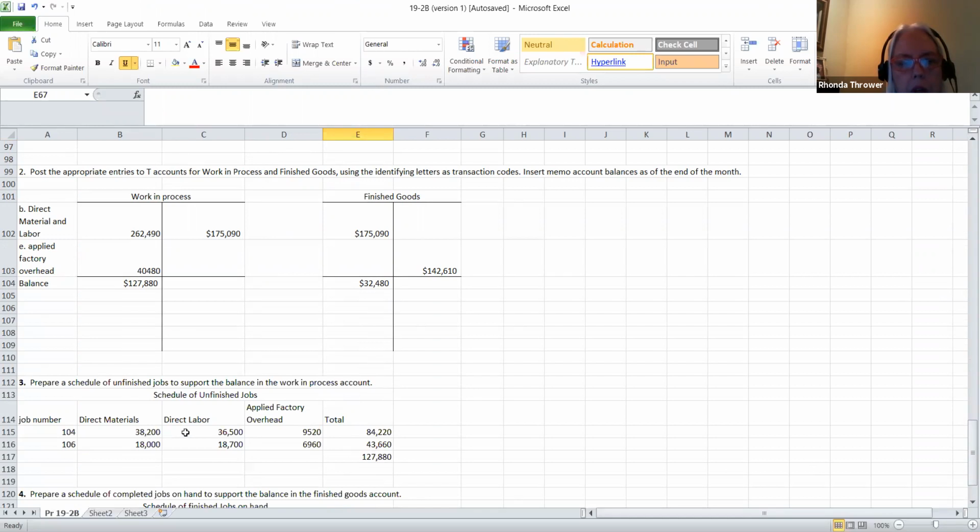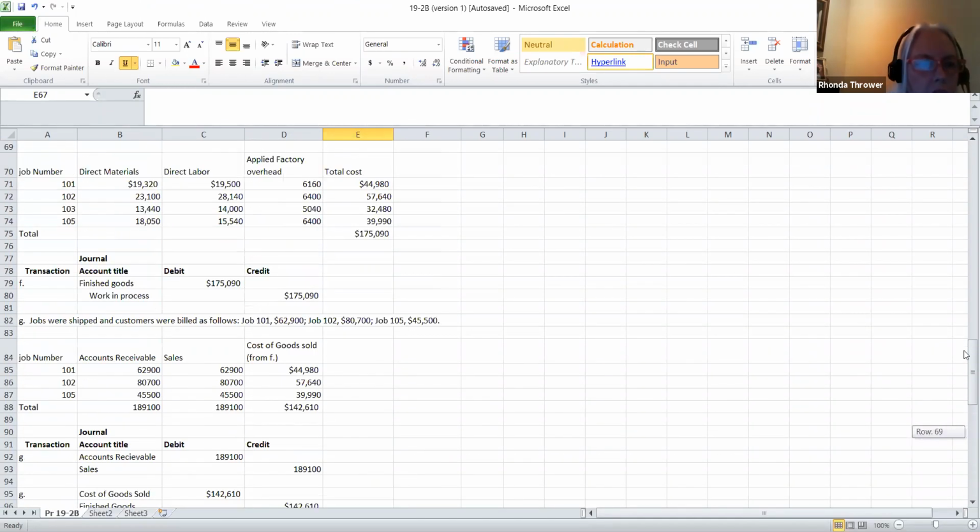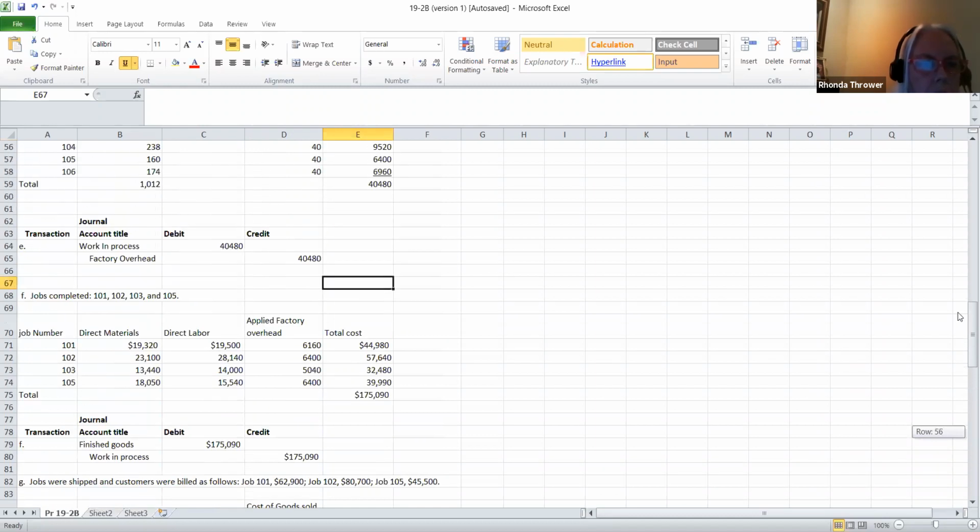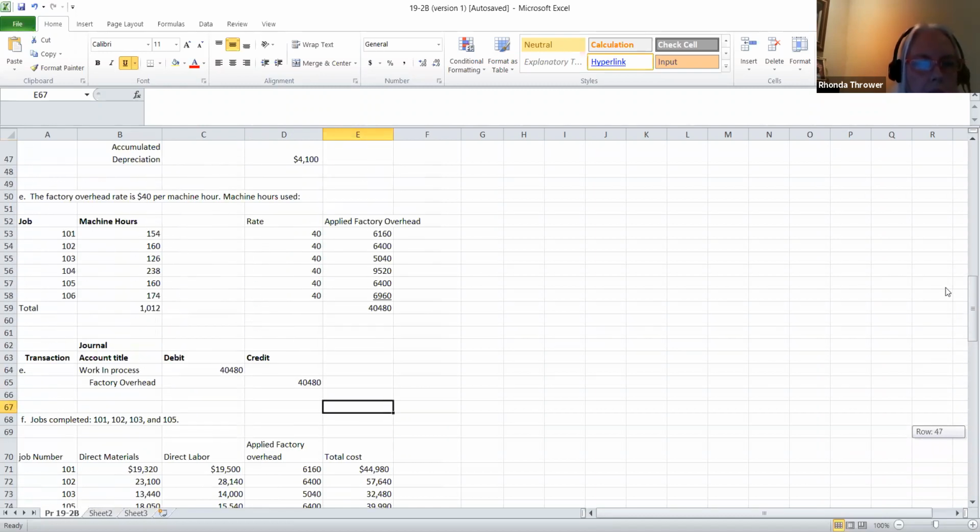So our direct materials and our direct labor came from transaction B. Our applied factory overhead, I believe that was from transaction F. No, it wasn't. Sorry. It was from transaction E. It's where we got the applied factory overhead.